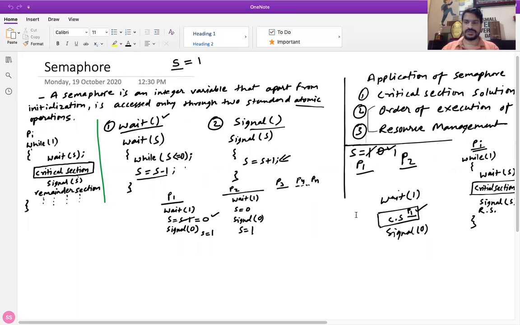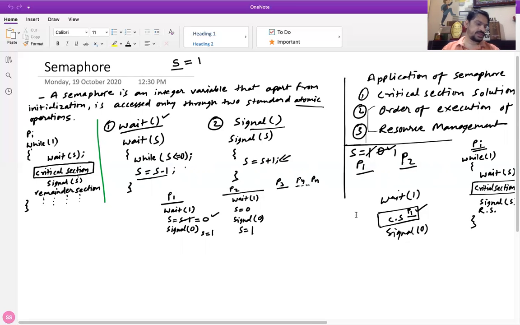So we have seen the application of semaphore, and we find out that semaphore works for n number of processes. It is a software solution for solving the critical section problem.